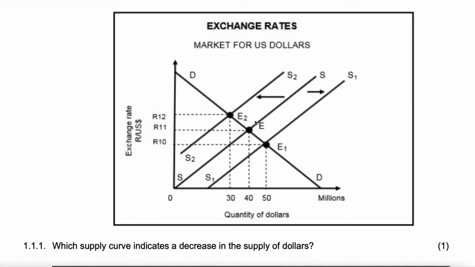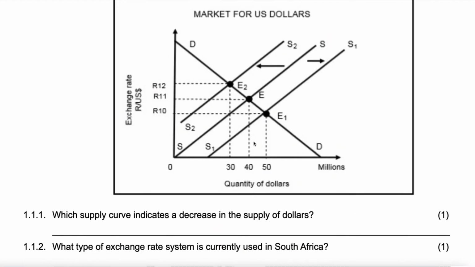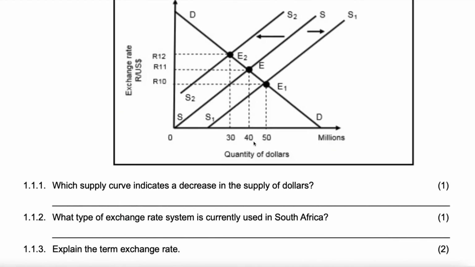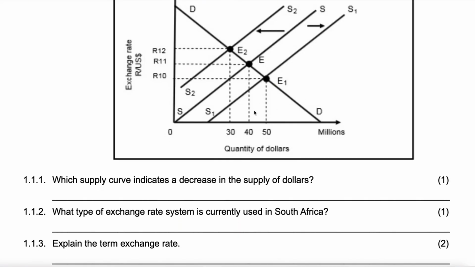That means if the value of gold goes up, the rand goes up with it. So it can be fixed to a commodity, or it can be fixed to another currency, so when that currency goes up, the rand also goes up. But we don't use that system. We use forces of demand and supply. So our exchange rate system is a free floating.